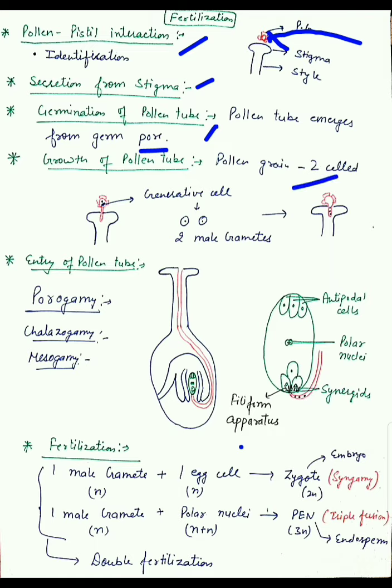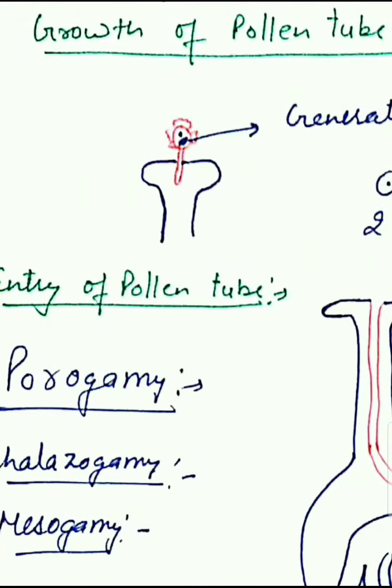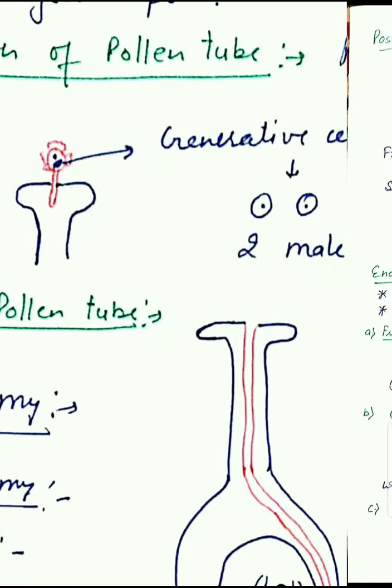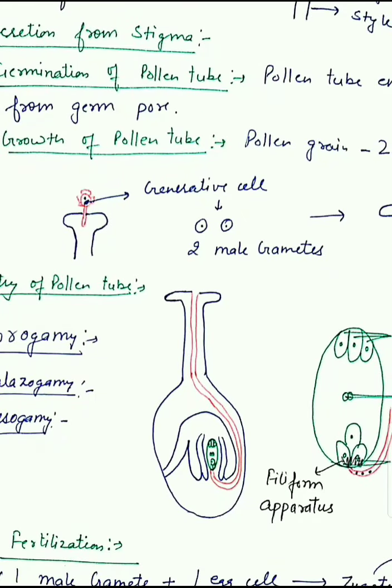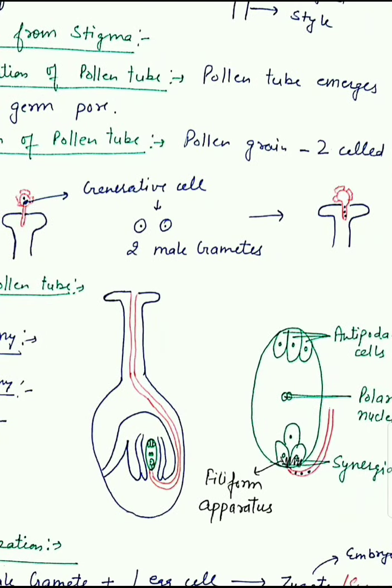After that, when pollen tube formation starts, the generative cell divides. In this diagram you can see two cells, one is the generative cell and the other is the vegetative cell. The generative cell divides and forms two male gametes, which then enter into the pollen tube.